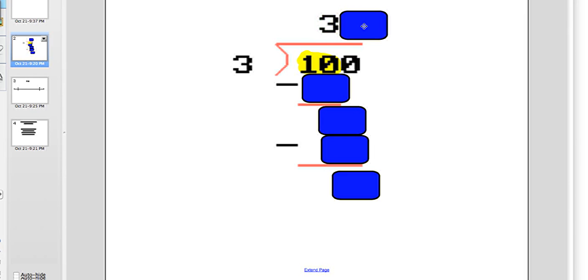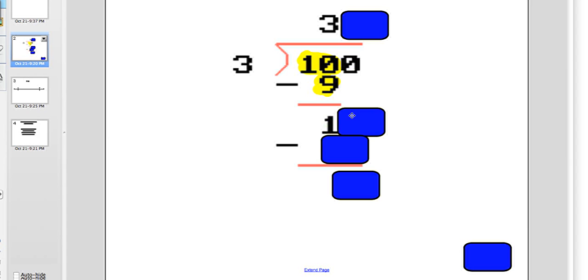So my first number up top of my quotient in the tens place is going to be 3, because we chose 3 tens for each group. And how many total tens was that? 9. All right, so I had 9 tens that I used. And how many tens were left over? Well, we had 1 ten still sitting there, right?